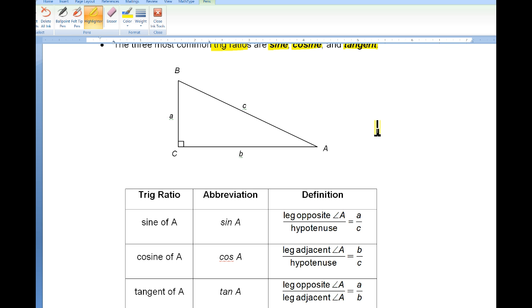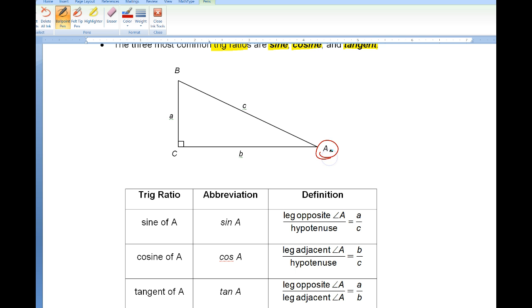So the way that the trig ratios work is that we have to look at one angle at a time. When we look at these angles in terms of geometry, we're just going to look at the acute angles. So we're not going to do sine, cosine, and tangent of 90 degrees. We're looking at angle A and angle B. So when we refer to the sine of A, let me just show you here.